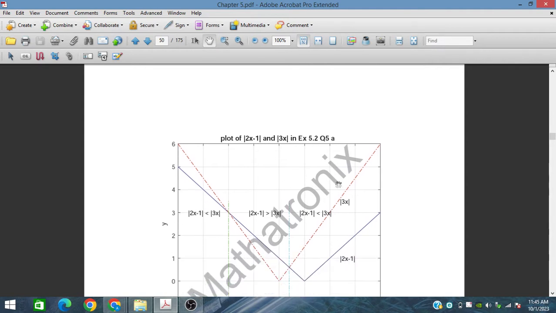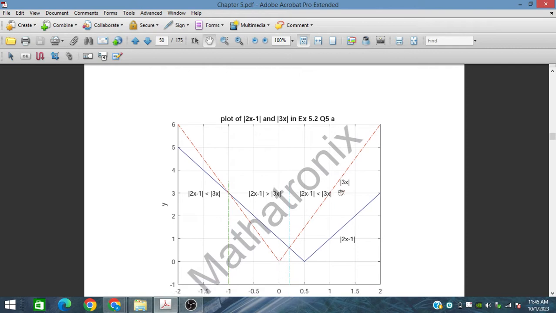This one is modulus 3x. This is 3x here, and since this is modulus, it will not go below, but this red line is modulus 3x, and this 2x minus 1 is this one.